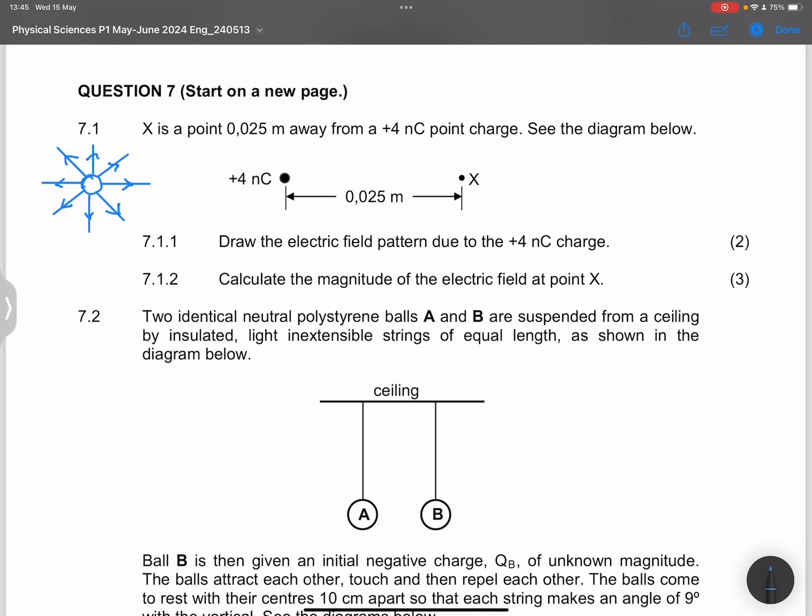The field lines are showing us the direction that a positive test charge would move relative to that charge. So it would be repelled, in any direction, we would repel that positive test charge. That is how the diagram would look.